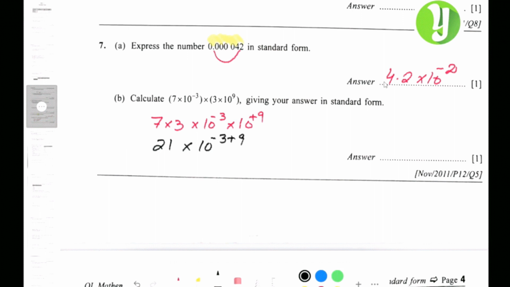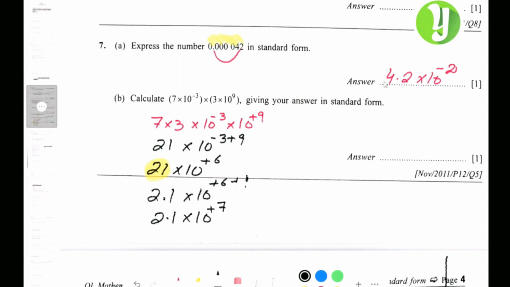So if I add the powers, it's 21 times by minus 3 and the positive 9, it becomes a positive 6, and you can see first digit is 21, greater than 10. We have to convert into standard form, which is 2.1 and the 10 power of positive 6, and the decimal has moved, so positive 1 will come in the power too. So it's 2.1 and the 10 power of the positive 7.